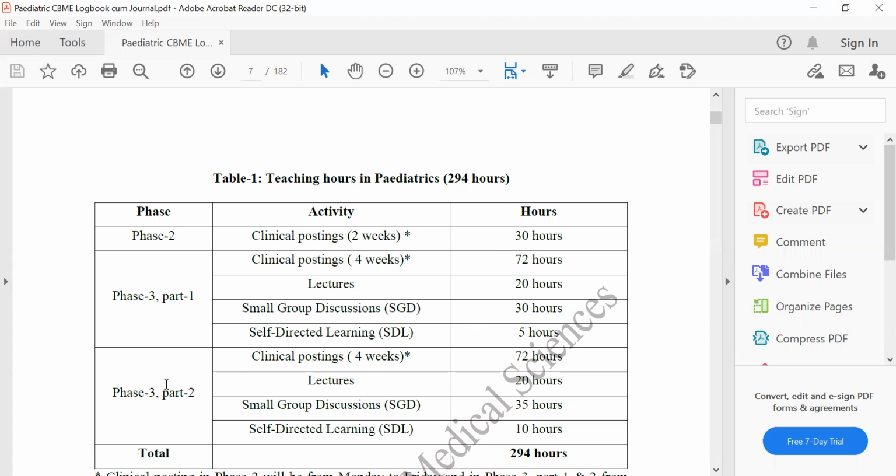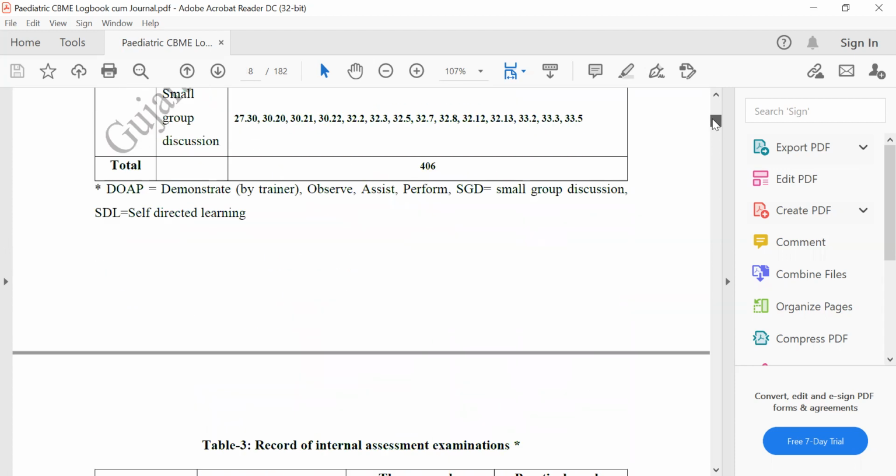Now in phase 3 part 2, clinical posting will remain the same, 72 hours, lectures 20 hours, small group discussion 35 hours, and self-directed learning 10 hours. So the total is 294 hours as mentioned by the NMC for the pediatric subjects.